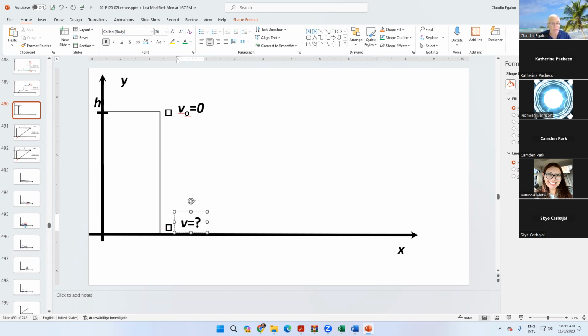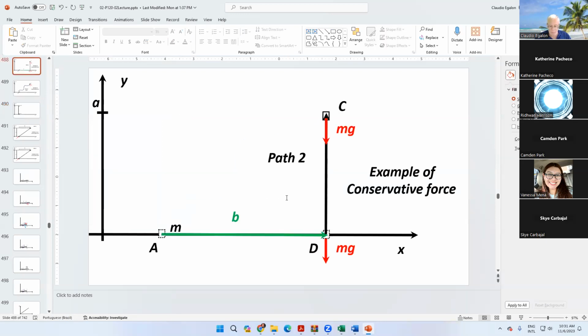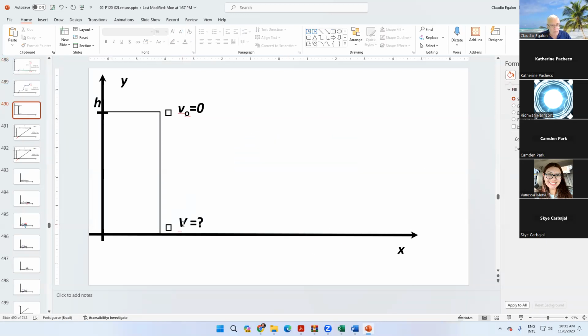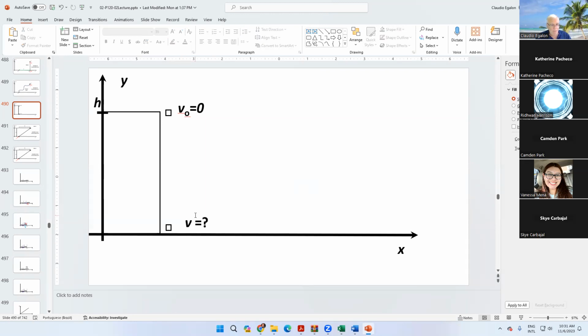Find the final velocity. Okay, that's the situation.